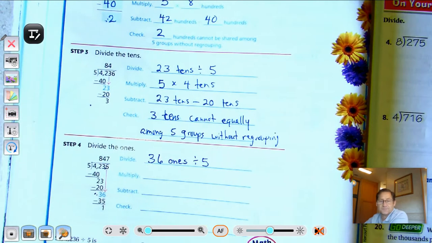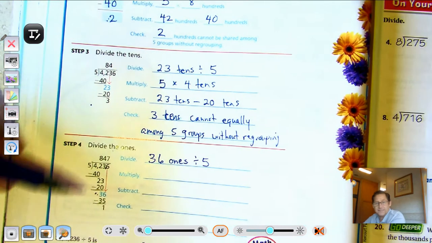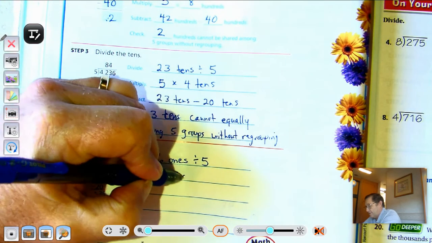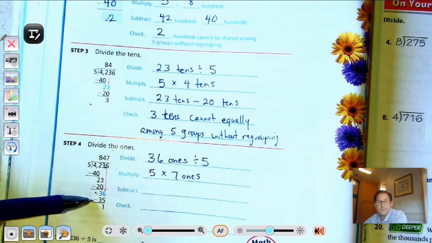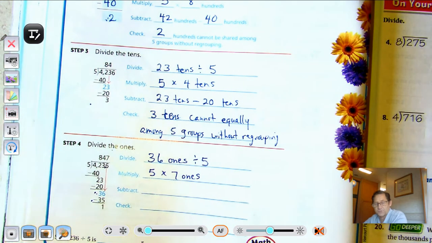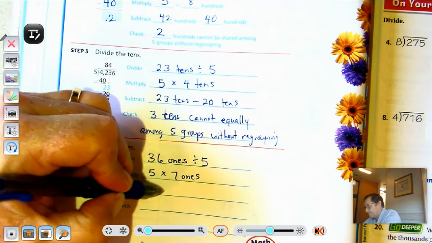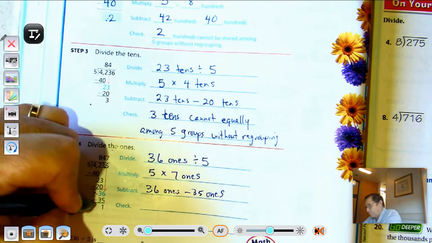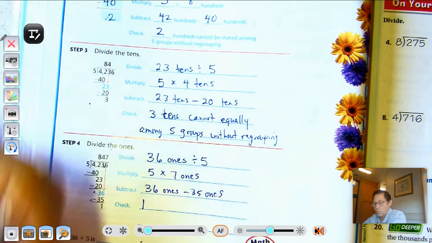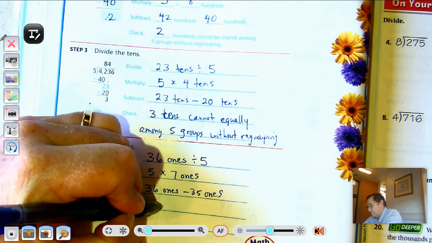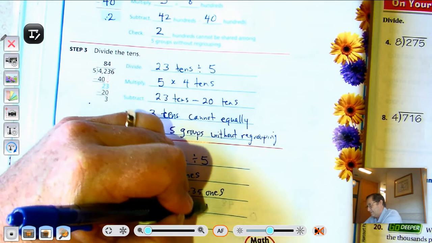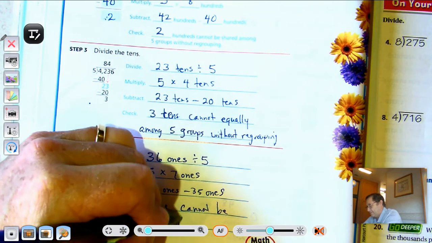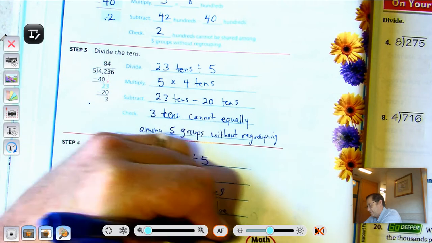divided into 5 groups. 5 times 7 is the closest I can get. So 5 times 7 ones is 35 ones. We're going to subtract those 35 ones from the 36 ones, which leaves us 1. 1 cannot be shared equally among 5 groups.